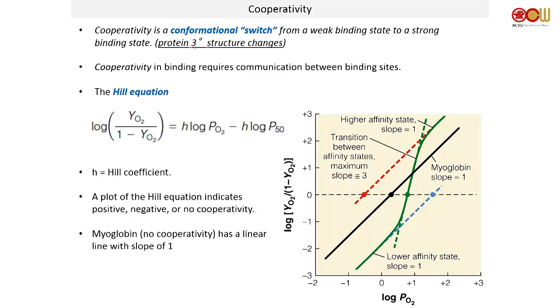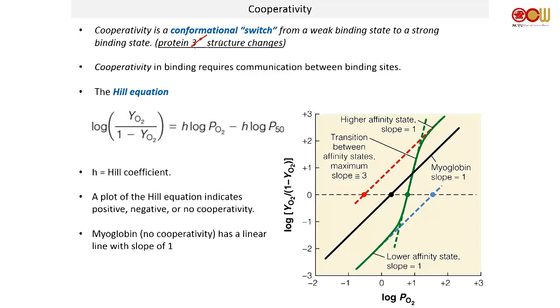I wouldn't exactly say tertiary, so it's essentially a protein structural change that causes affinity to be different. Now, cooperativity in binding requires communication between the binding sites, or between different locations of the overall protein. Hemoglobin has 4 subunits, which means you have to have some kind of communication between the 4 subunits.